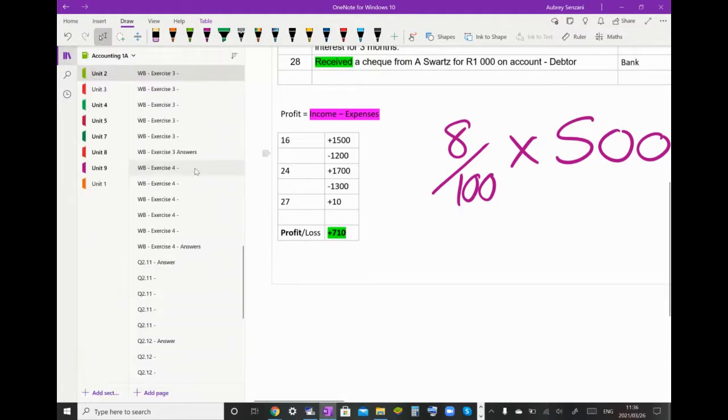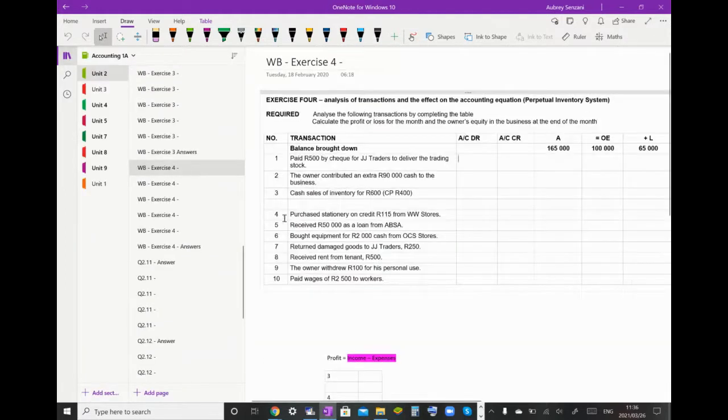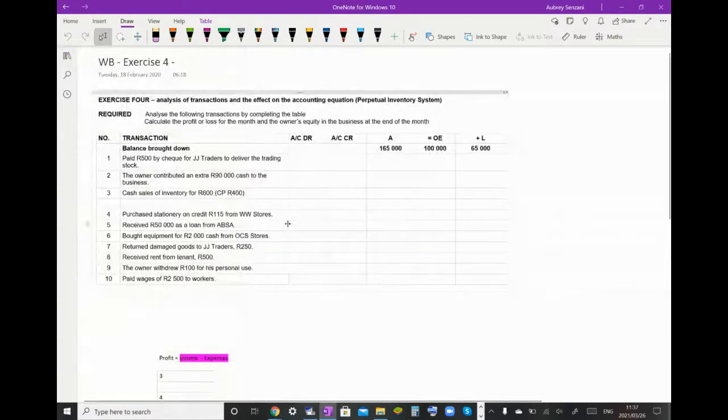So exercise 4 was a lot similar to that of exercise 3. Were there any things that you guys had challenges with in particular?